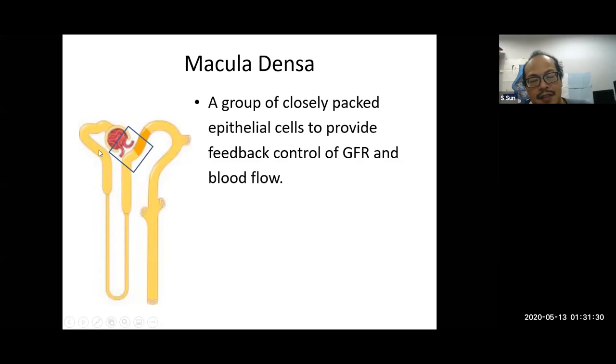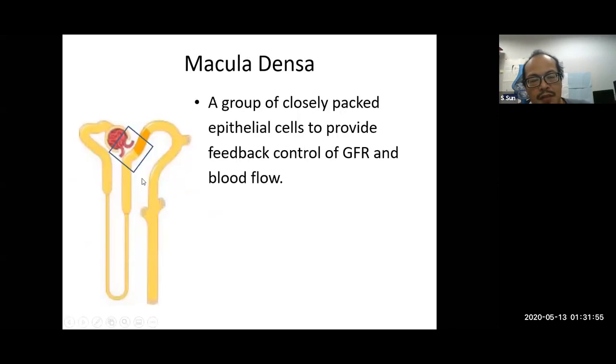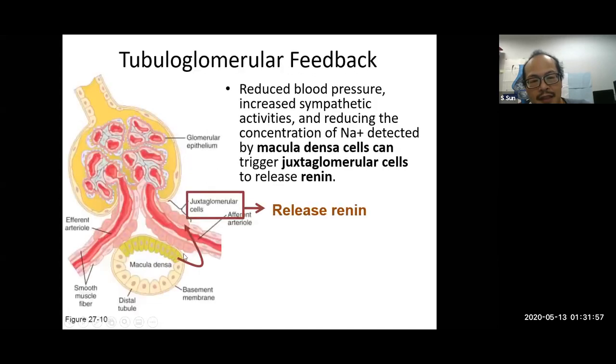Here we go away from the glomerulus, and then come back to reach it here. So here is an important region to regulate and to produce renin. That's right here. So earlier we talked about that.